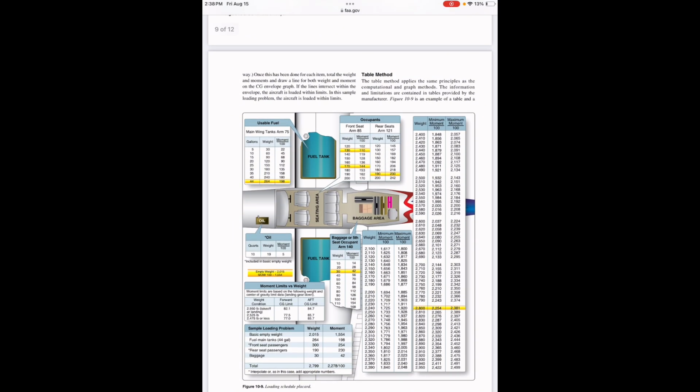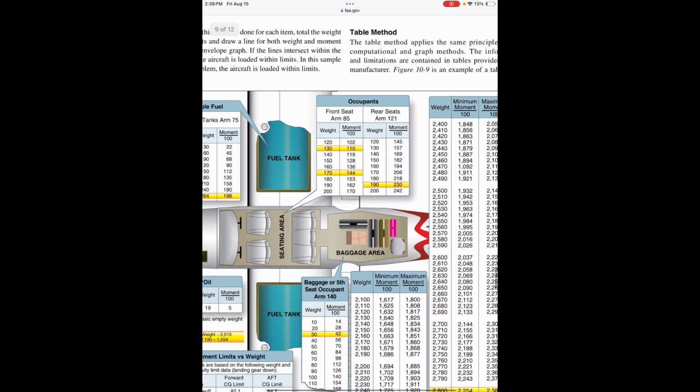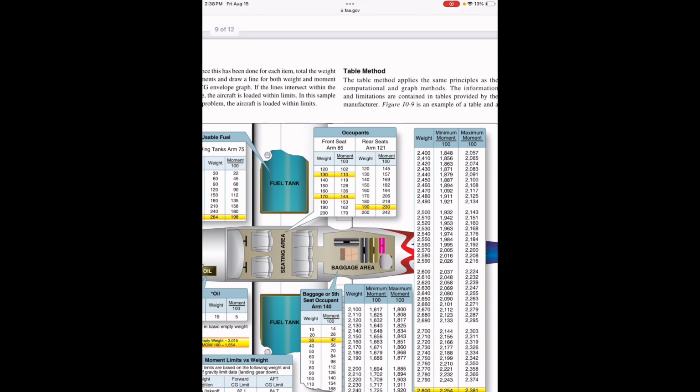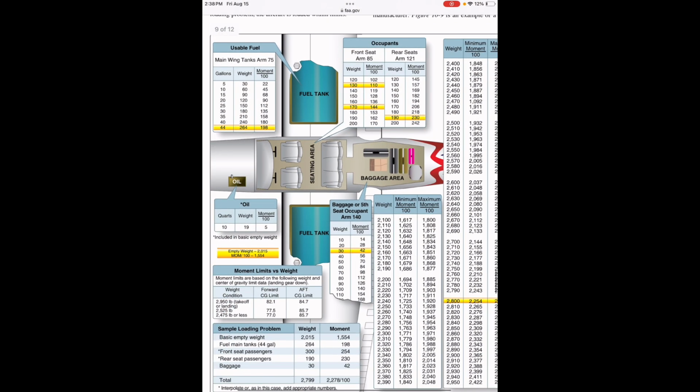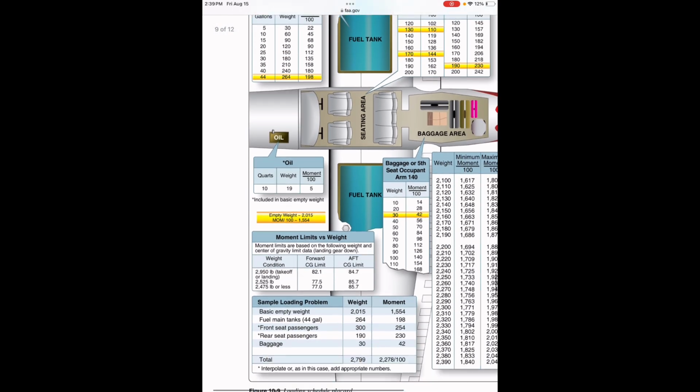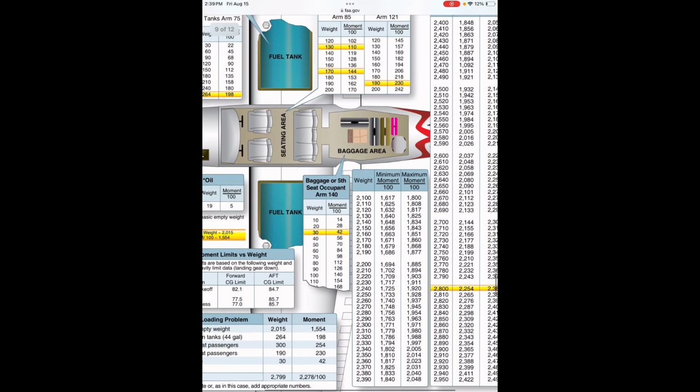But it's letting you know we have front seats here. So occupants, front seat arm, which is going to be 85. Whatever weight we put there to the right, you just read the moment. Rear seats, arm 121. Whatever weight we have there, you just read the moment. And it just has it for everything. It has oil, weight there, moment, and that's kind of how you read it.